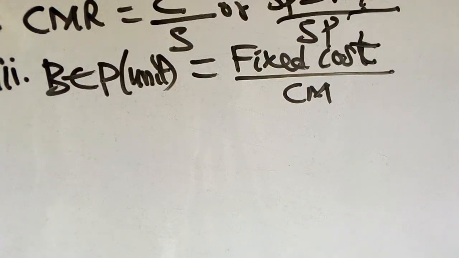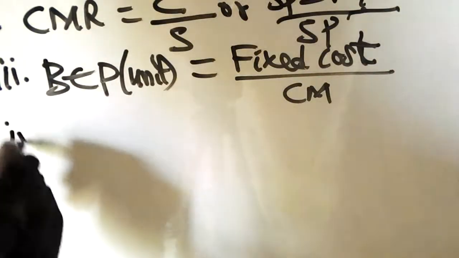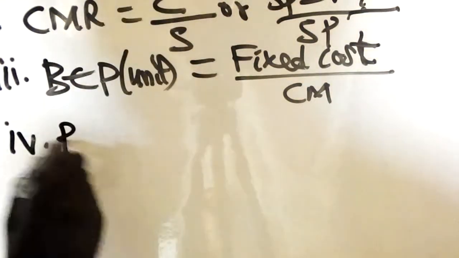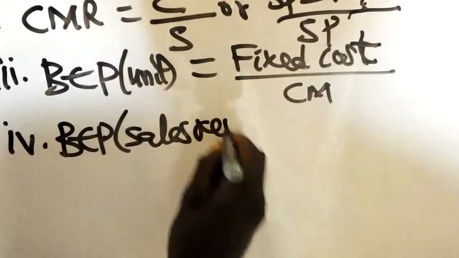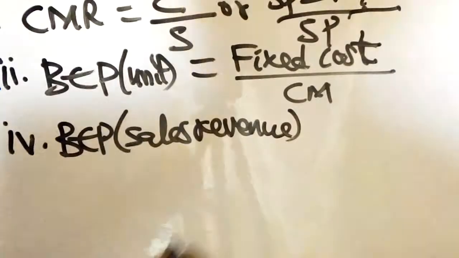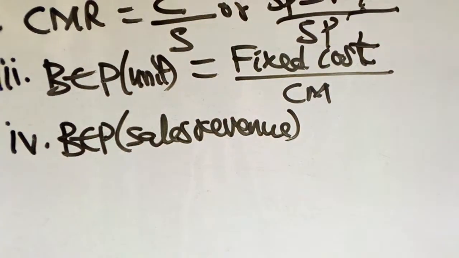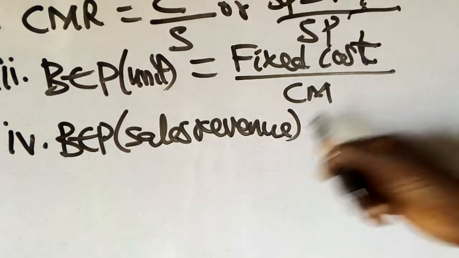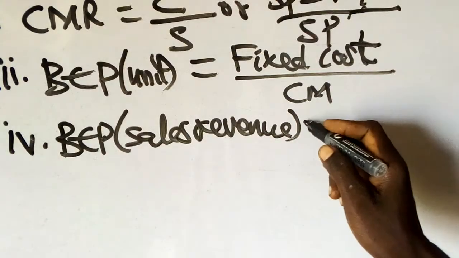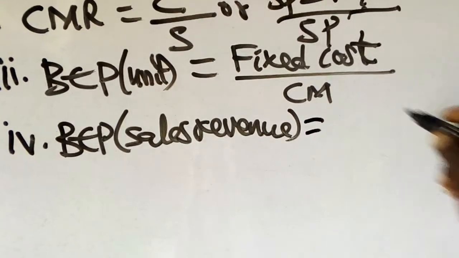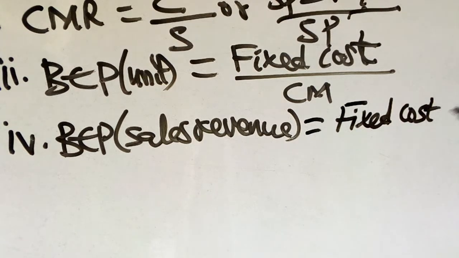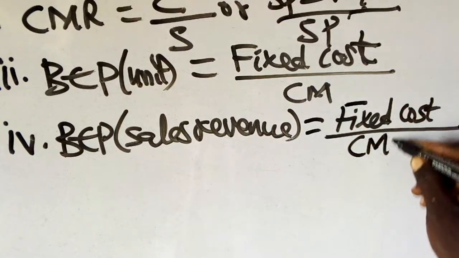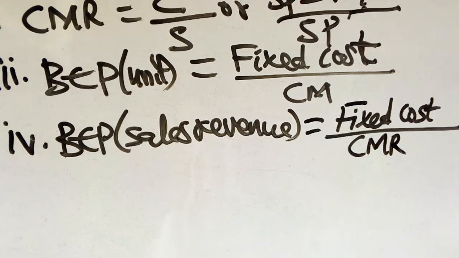Number 4, you can have the BEP, break-even point of sales revenue, that is in value, in dollar or in naira or whatever currency. That will be fixed cost over CMR, contribution margin ratio.